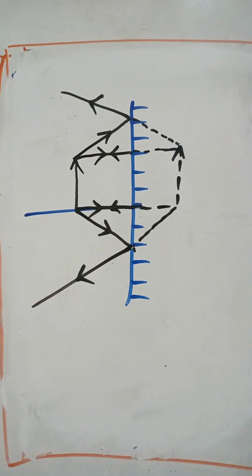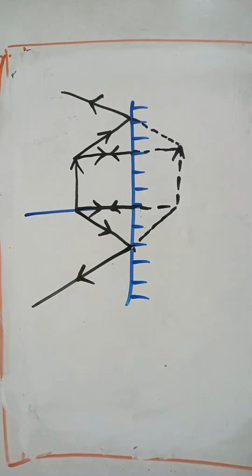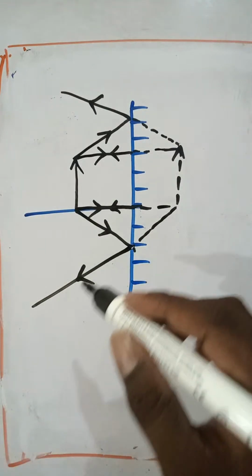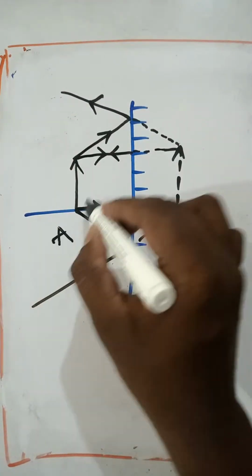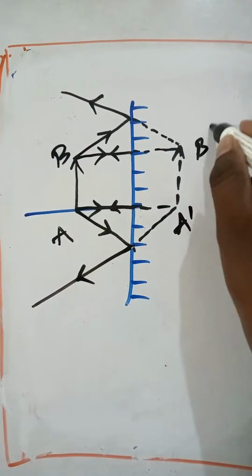Okay, so I hope it is clear to you all. This is the object I am taking, AB, and this is A dash and B dash.